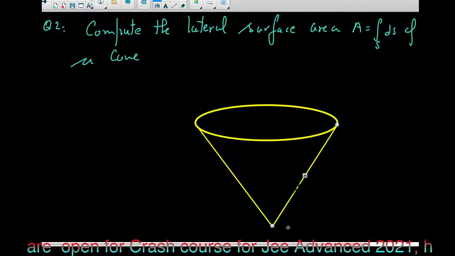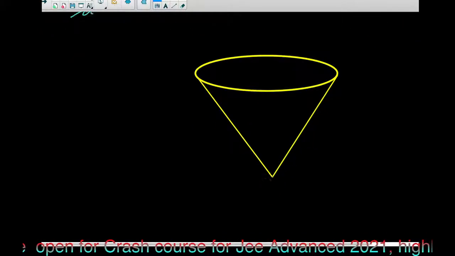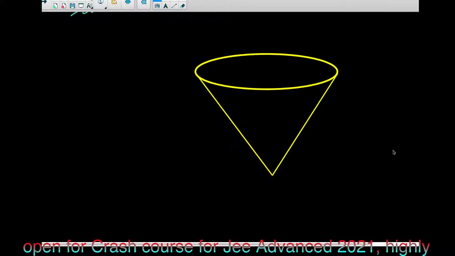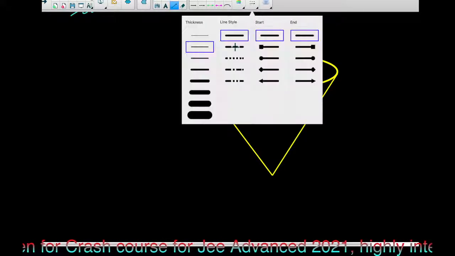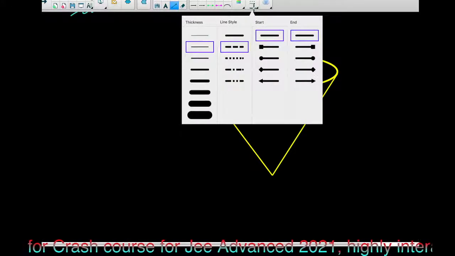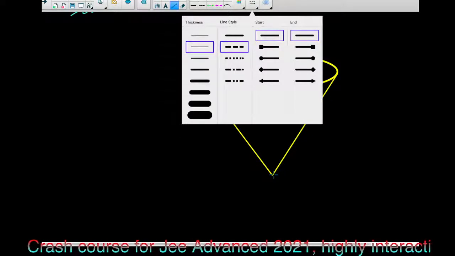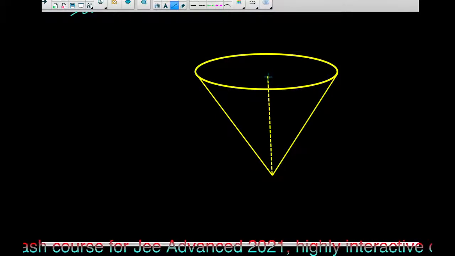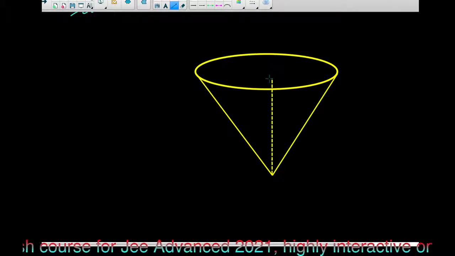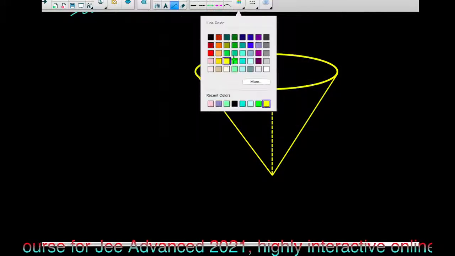Fine. So this is the cone, and you have to make a z-axis also. Say this is the z-axis.